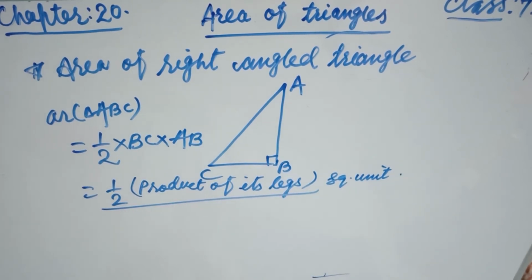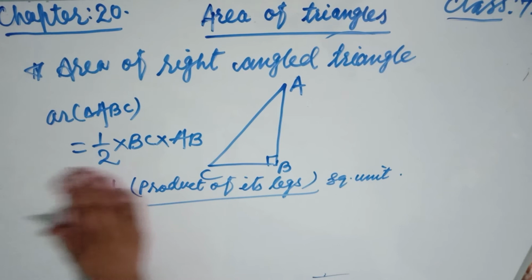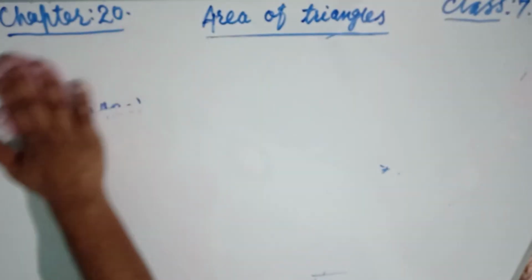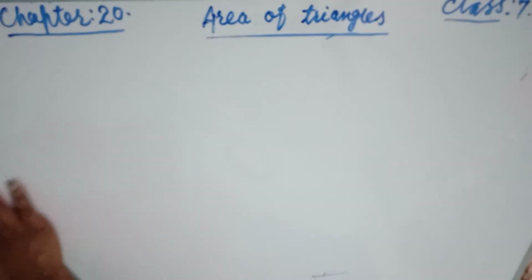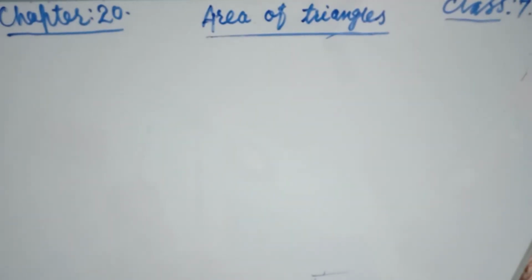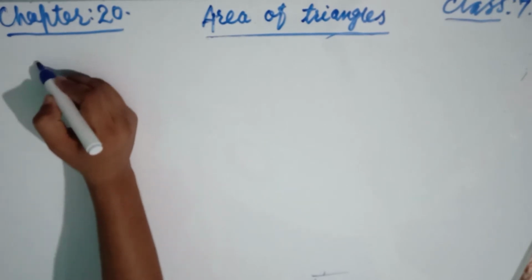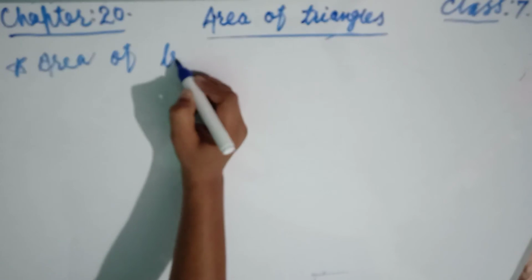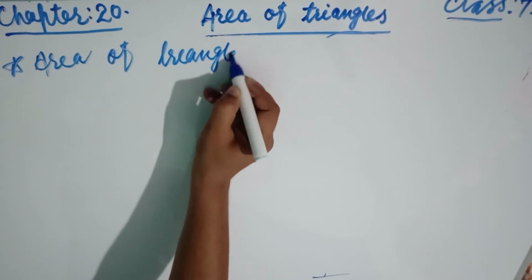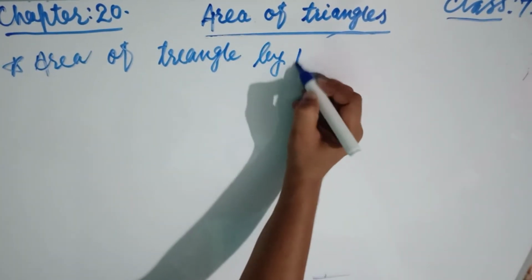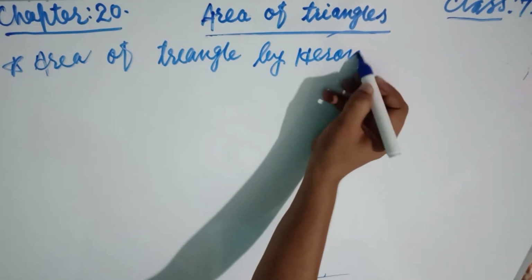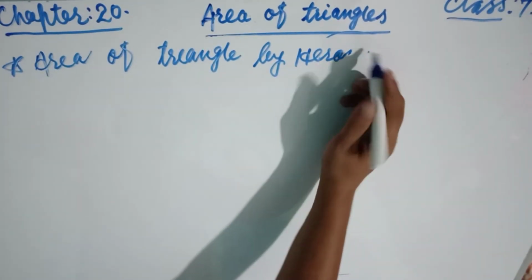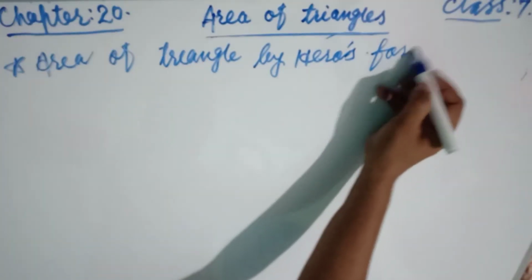Now we can see the next thing, that is area of triangle by Heron's formula. Okay, friends, area of triangle by Heron's formula.